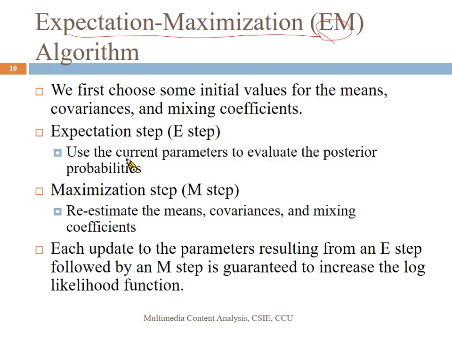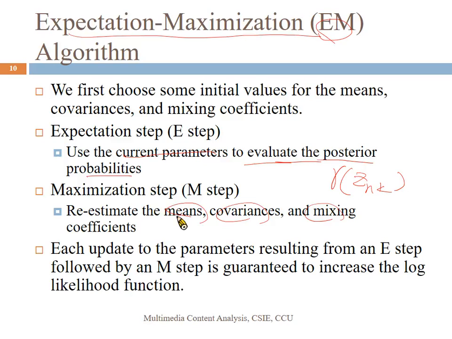And then we use the current parameters to evaluate the posterior probability so that we can get the gamma z n k value. And based on gamma z n k, we can re-estimate the mean, covariance, and the mixing coefficient, just as we mentioned in previous slides.